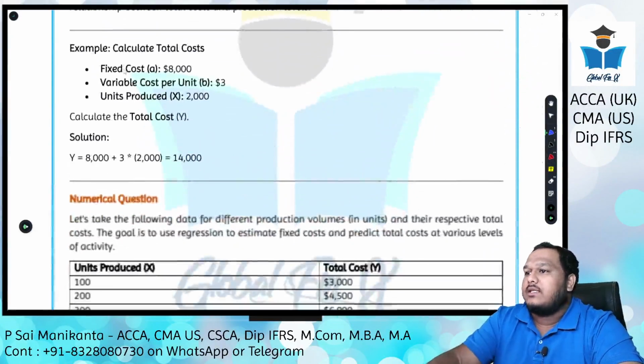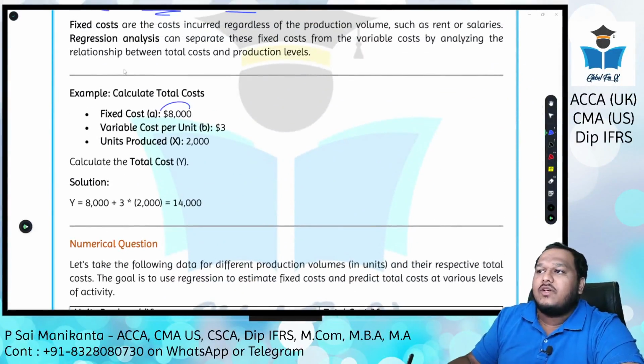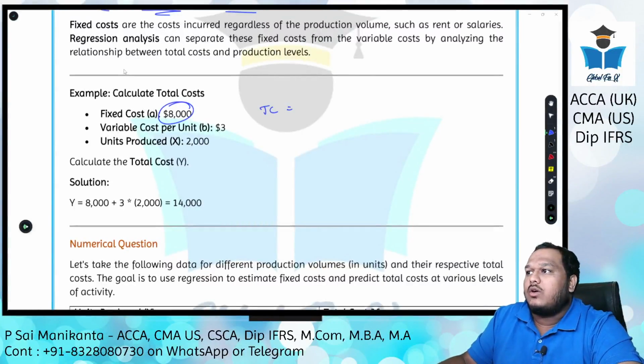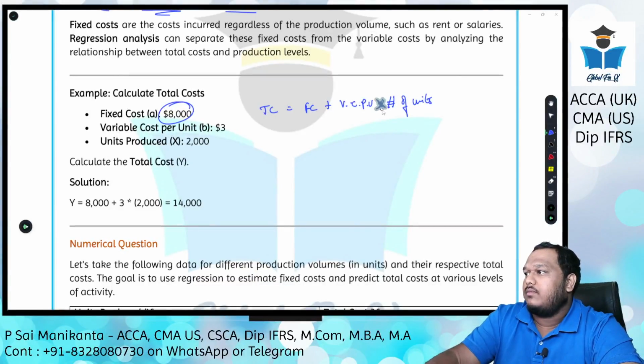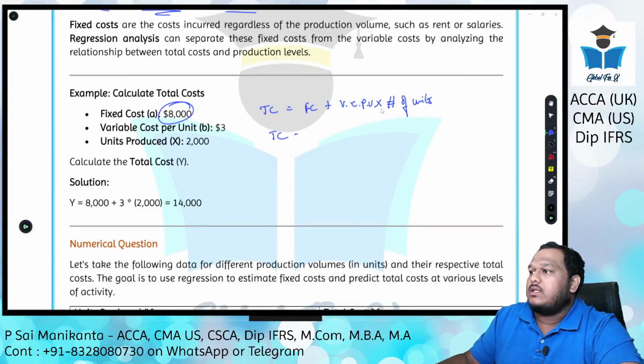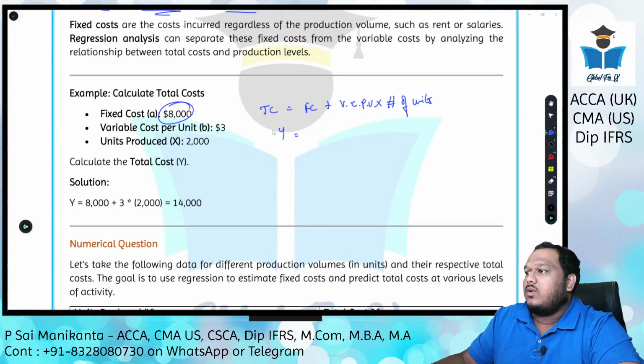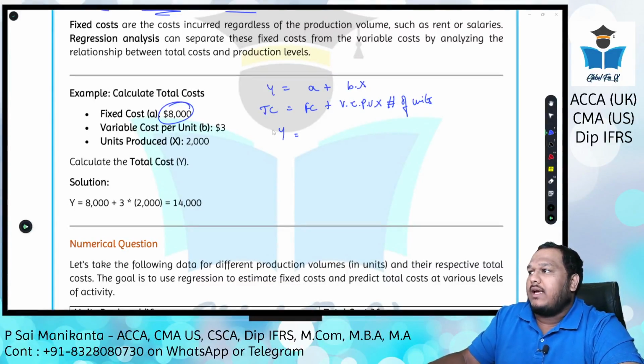So you can see a small example that I have given. Fixed cost is 8,000. So total cost is equal to fixed cost plus variable cost per unit into number of units. Using the terminology, y is equal to a plus b into x.